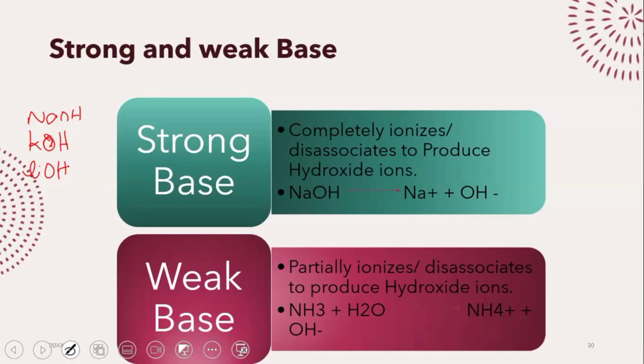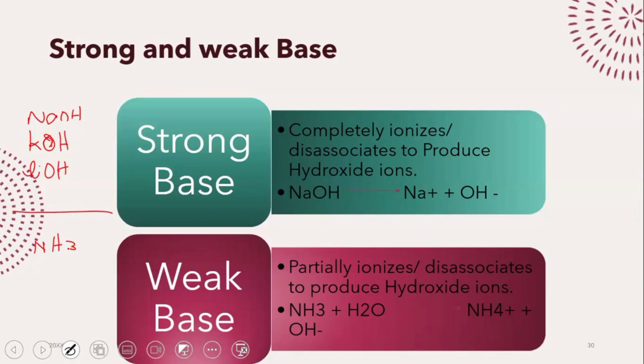When it comes to weak bases, again, we have a long list. The most common one is ammonia. Ammonia is a weak base that is included quite commonly in all of your syllabus, and it's used quite commonly as well.